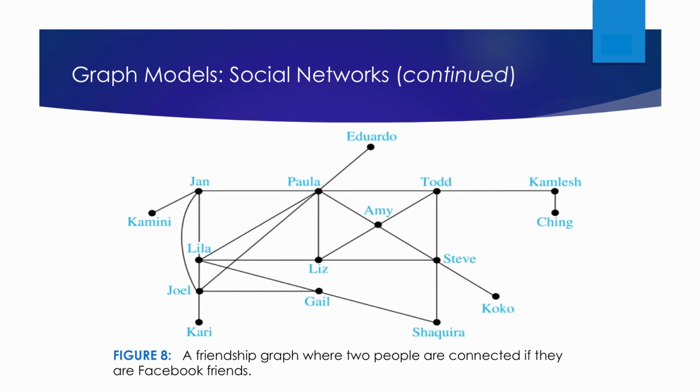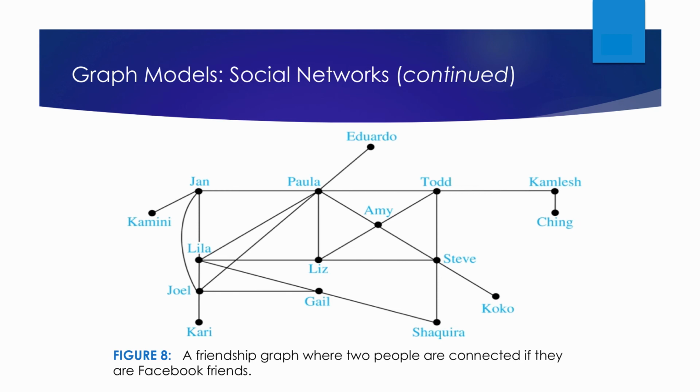No multiple edges and usually no loops are used. If we want to include the notion of self-knowledge, we would have to use loops. A simple friendship graph is shown in figure 6. The friendship graph of all people in the world has more than 6 billion vertices and probably more than 1 trillion edges.